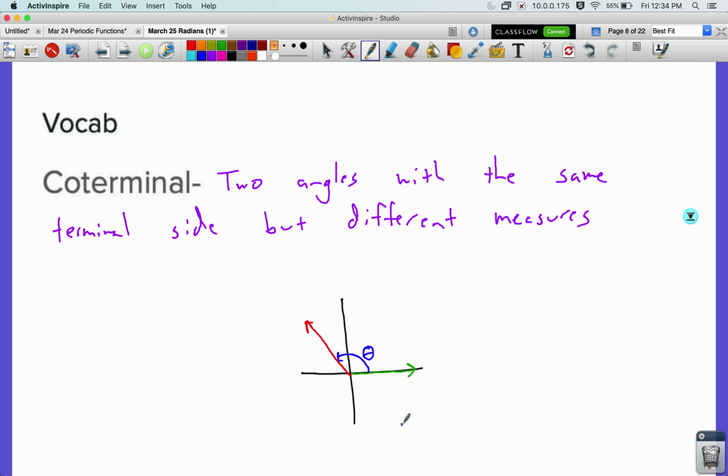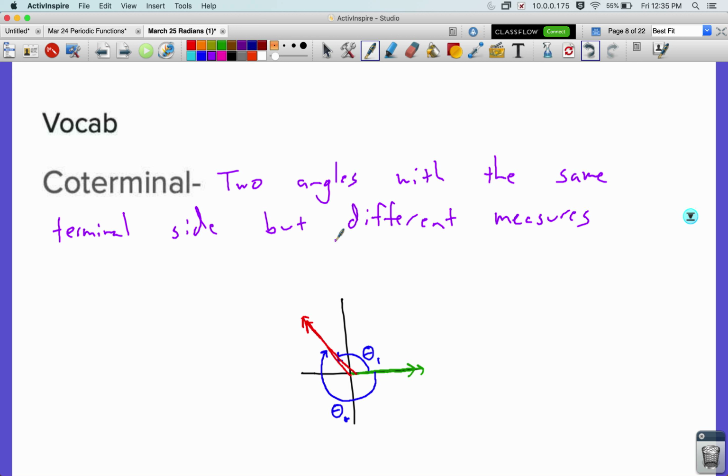I'm going to use theta for angle measures. But there was a different way to start from this green line and end up at that red line. I could have used a negative angle and rotated my initial side clockwise to end up there. So this is a different angle, theta, so we'll call it theta sub 2. This will be theta sub 1. They both have the same initial side, same terminal side, but they have different measures. All right. Are there only ever two coterminal angles for any angle?